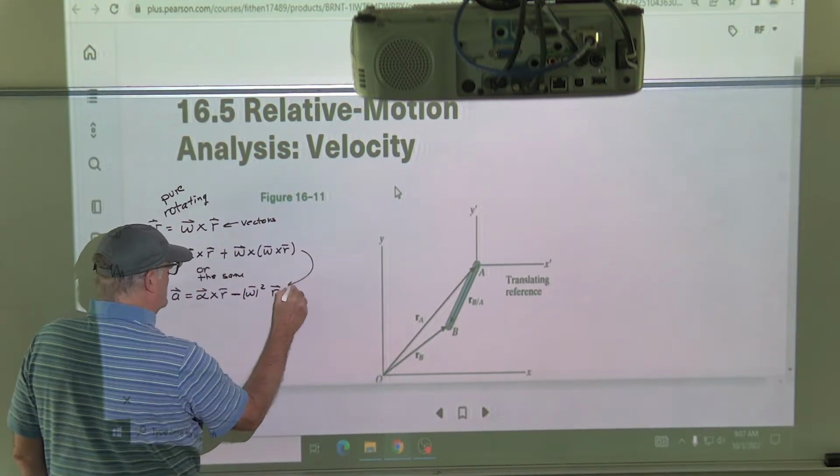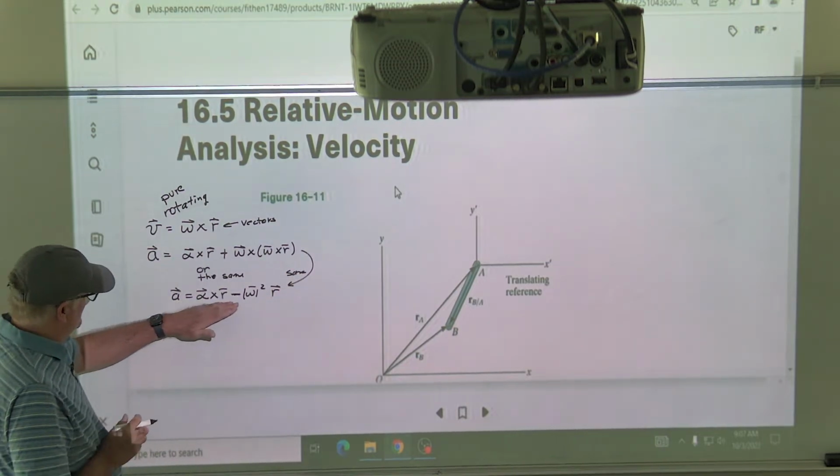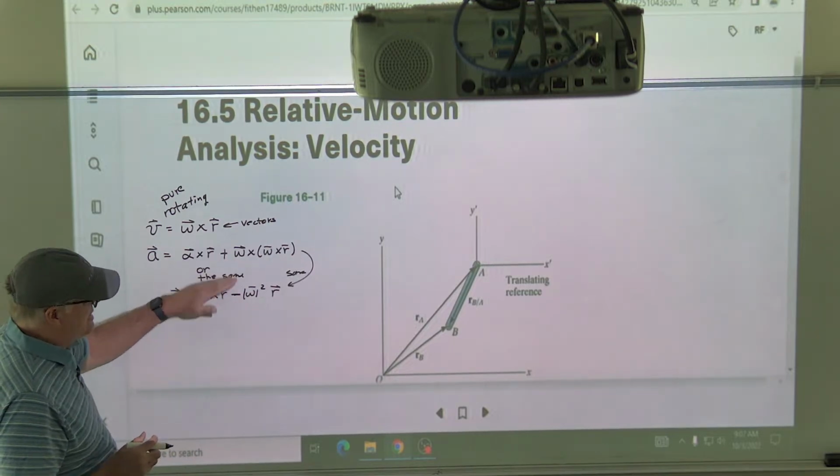And so these are the same. Some people don't like it written this way. Some people like it written that way. But they're both the same thing.